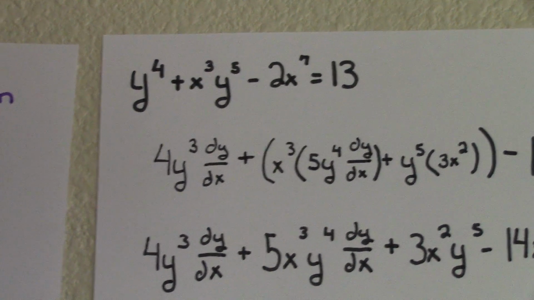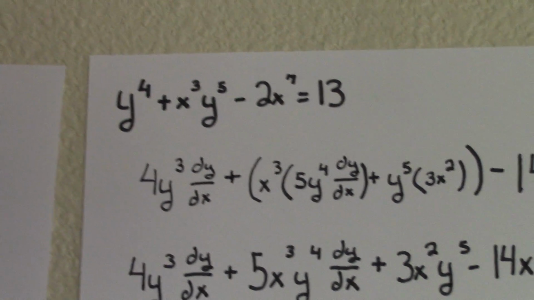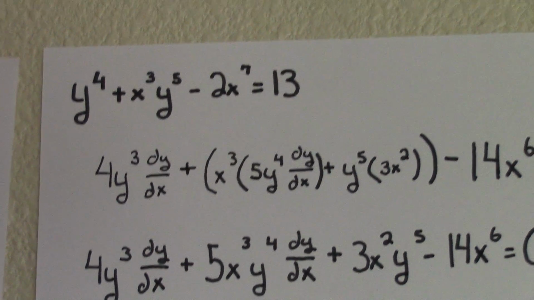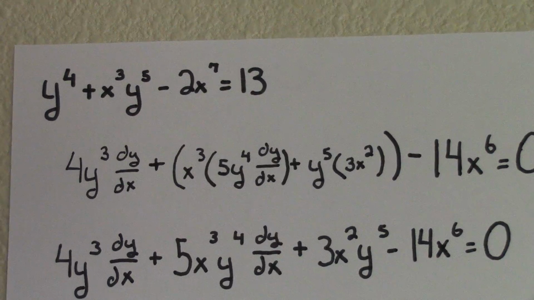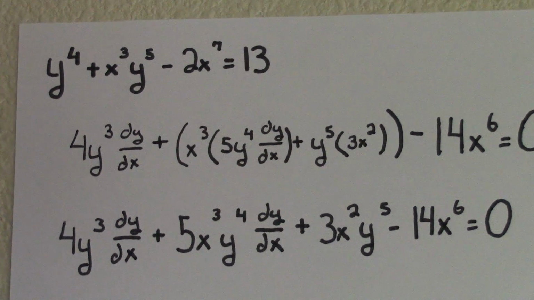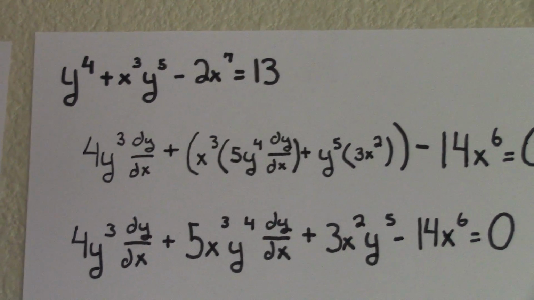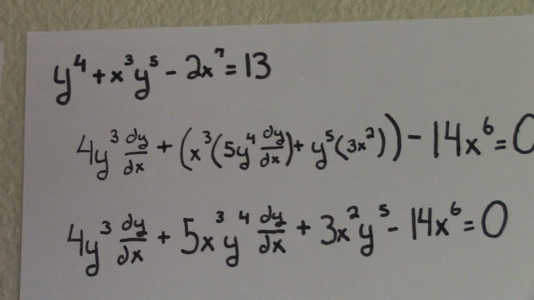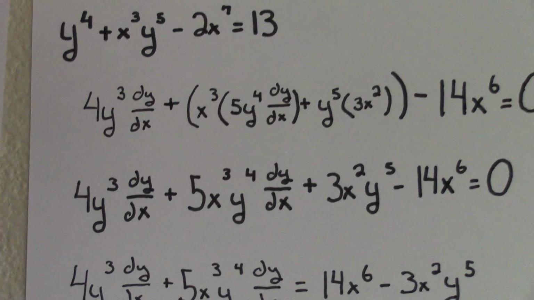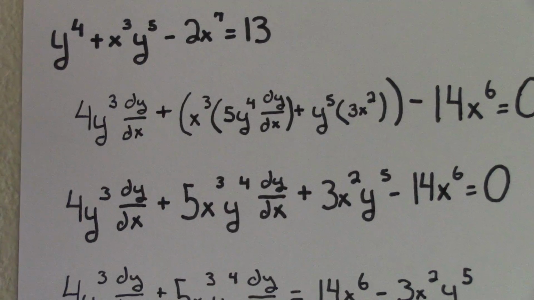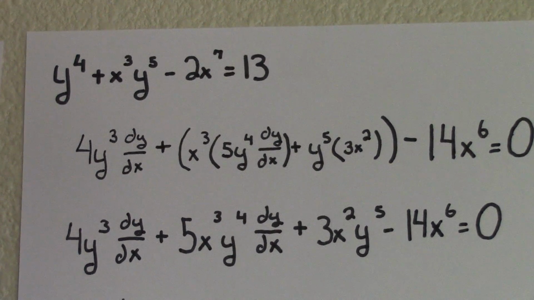For x to the 3rd times y to the 5th, we actually have to use product rule, because x cubed and y to the 5th are being multiplied. Product rule is first derivative times second plus second derivative times first. So the x cubed sits, and then the derivative of y to the 5th is 5y to the 4th dy/dx, plus, the y to the 5th sits, and then the derivative of x to the 3rd is 3x squared.